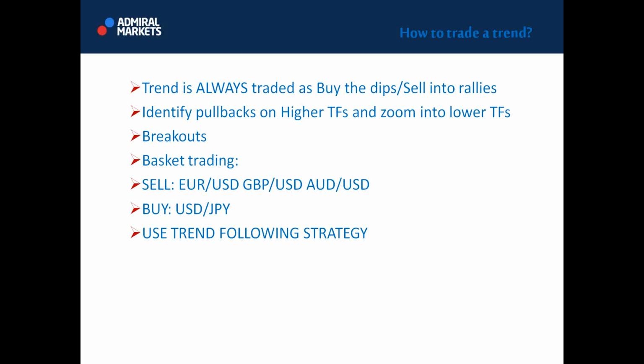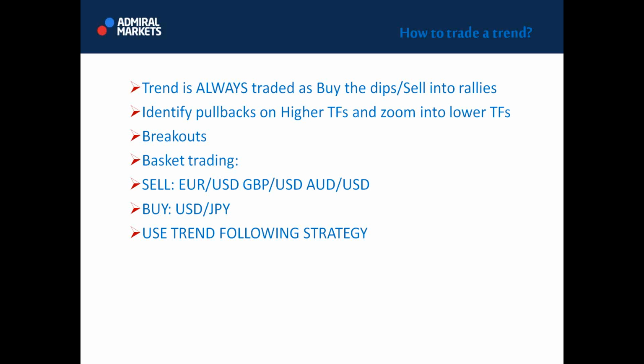Then also basket trading. That means that we are basically exposing ourselves to the euro-dollar currency, but we also trade a dollar pair in its trend. So there is an example: euro-dollar, cable and Aussie dollar is a sell trade, then a buy trade is usually dollar-yen, because dollar-yen moves in opposite correlation with those three currency pairs.